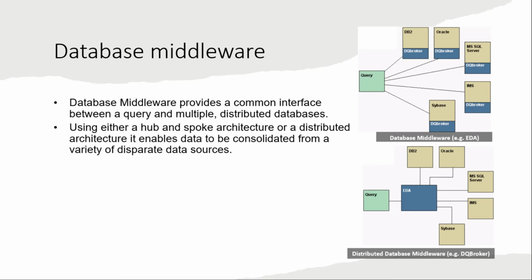Next is database middleware. Database middleware provides a common interface between a query and multiple distributed databases. Using either a hub and spoke architecture or a distributed architecture, it enables data to be consolidated from a variety of disparate data sources.